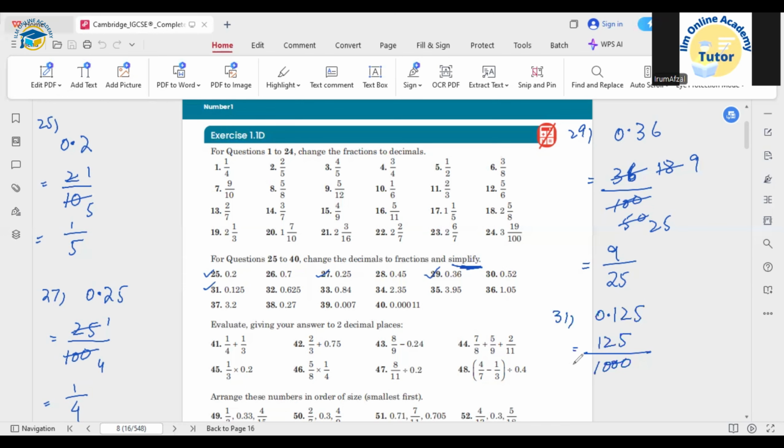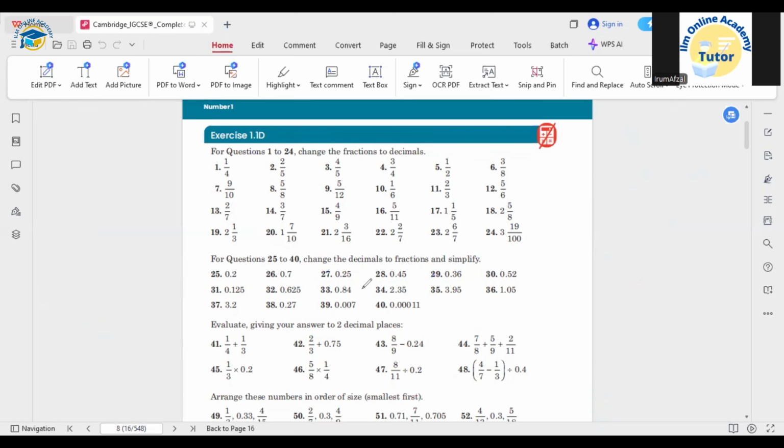To convert this into the simplest form, 125 times 8 is basically 1000. So accordingly, 1 by 8. This is the simplification.